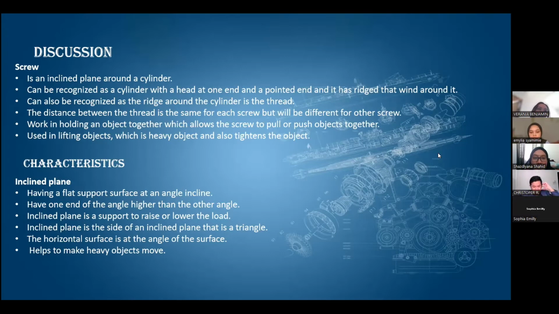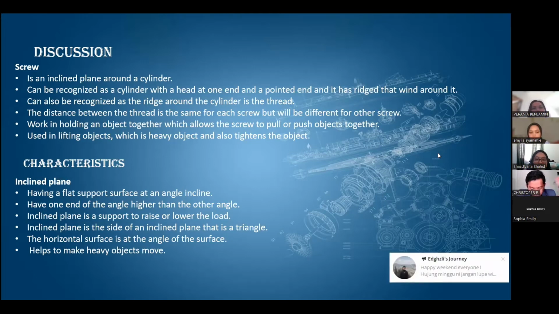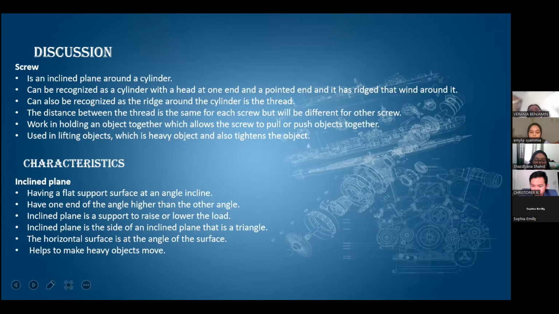The distance between the threads is the same for each screw, but will be different for other screws. Screws work in holding objects together, which allows the screw to pull or push objects together. This screw is used for lifting heavy objects, and also tightening the object.